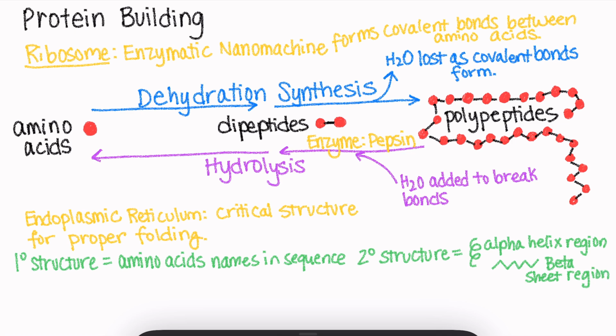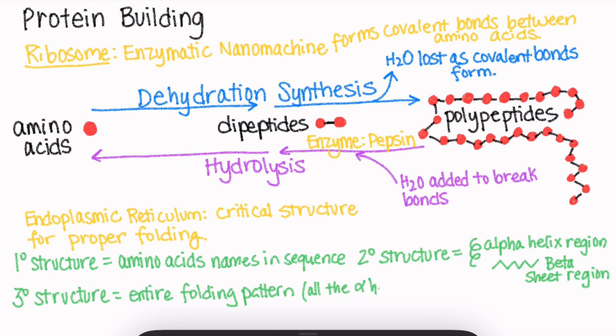And then the tertiary structure is all of the entire protein folding. So it's going to include all the alpha helices. And then, believe it or not, there's also something called the quaternary structure.